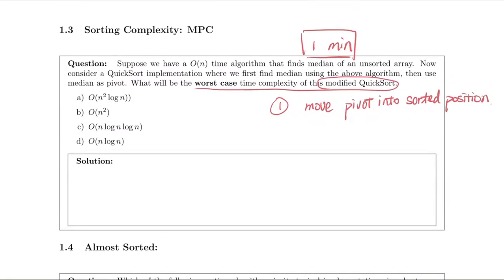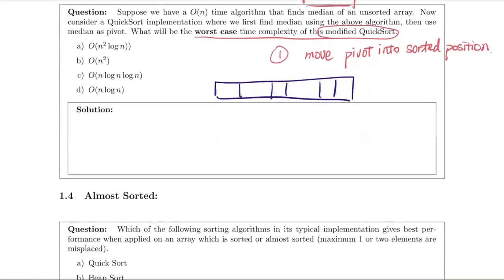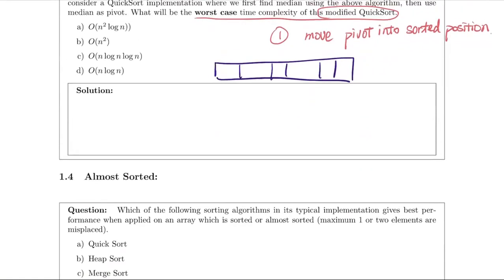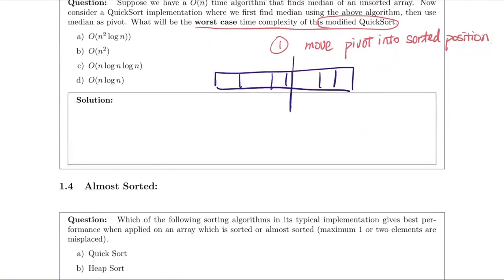So if I use a median as a pivot, for example, here is my array, the sorted position of the median should ideally be the half of the array. And then I'm splitting it. I'm splitting the quicksort at these ideal positions.